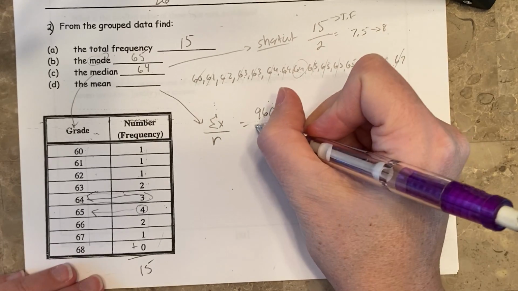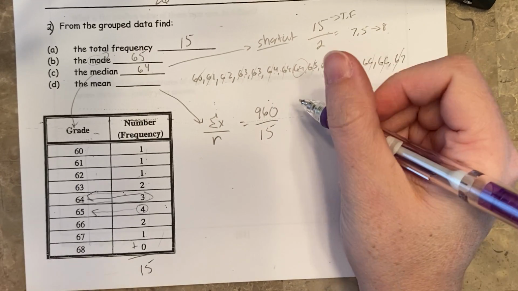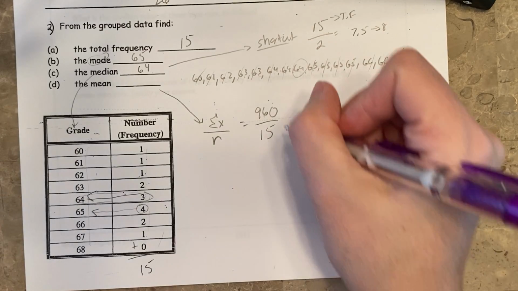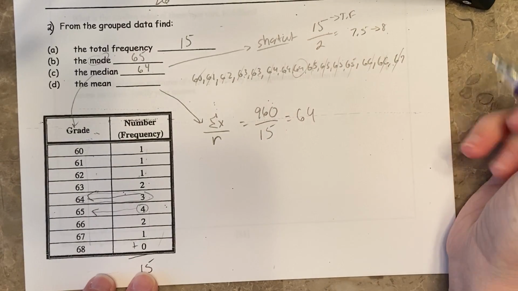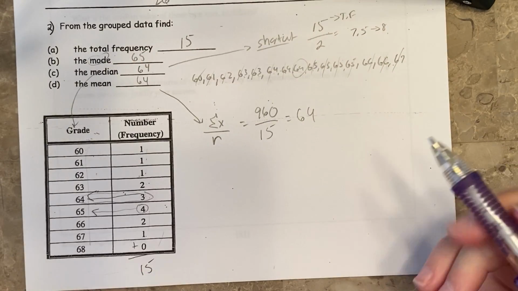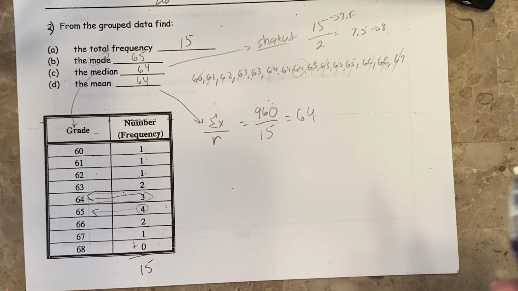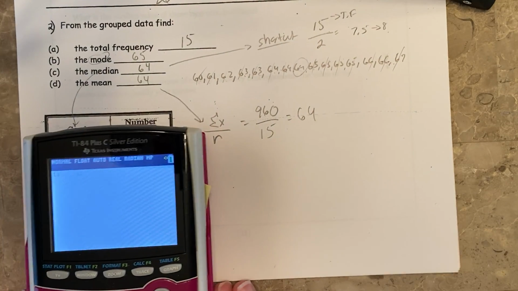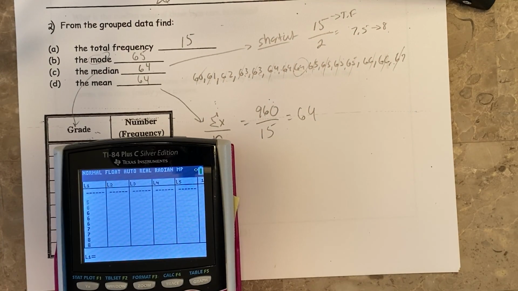So you get 960 divided by how many you have. And 960 divided by 15 gives us a grade score of 64. Okay, so a couple extra ways to do that. So way number 1, don't forget, is on the calculator. You could put the numbers in here.